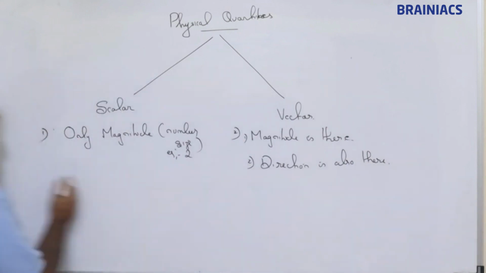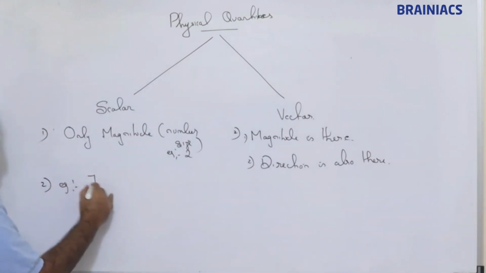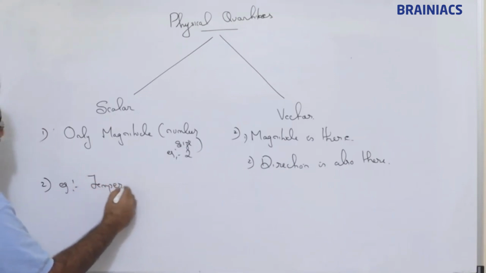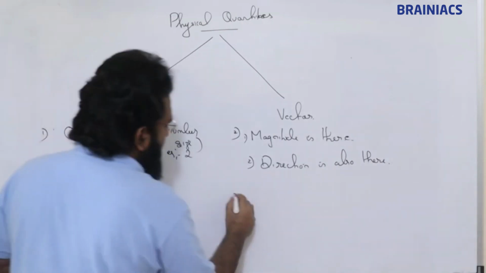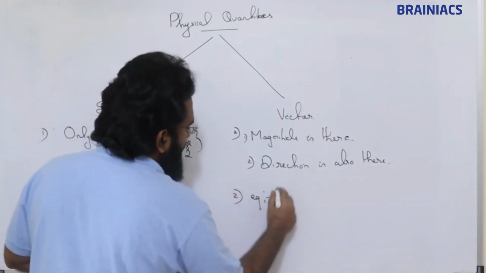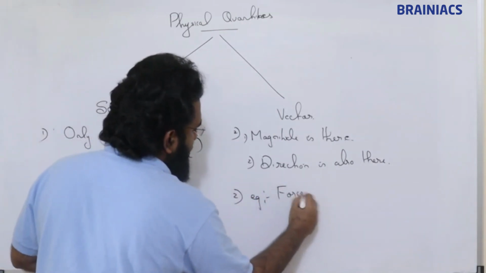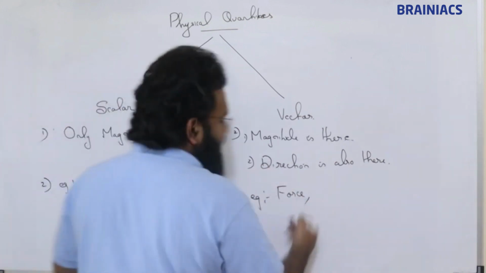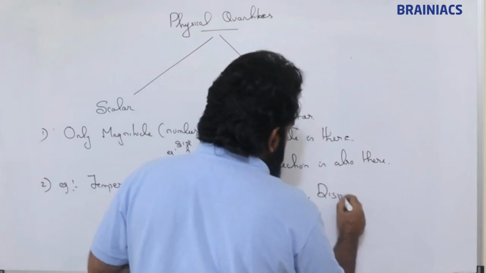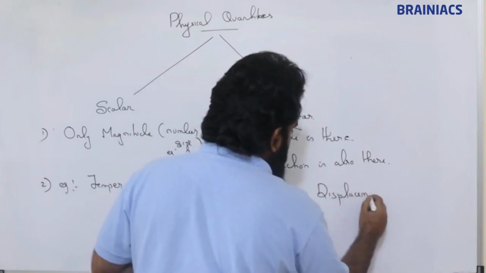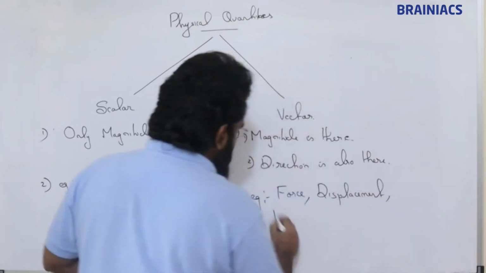So what is the example we can give here? Example, temperature, that is an example of scalar. Here we can write force. What are the examples we have seen in motion in one dimension? We can say displacement. Displacement has direction.